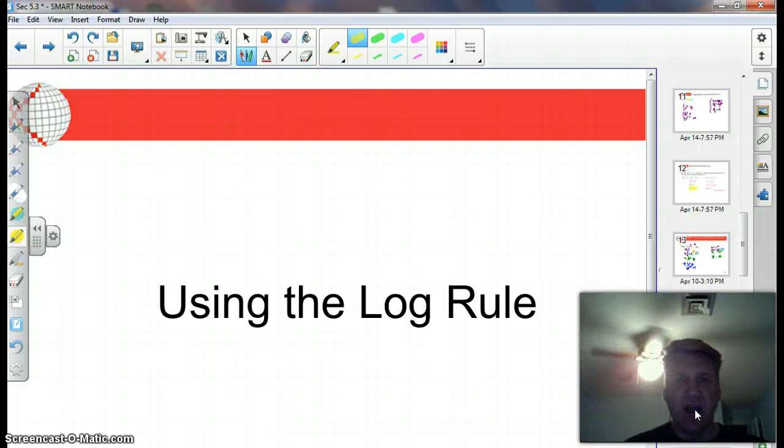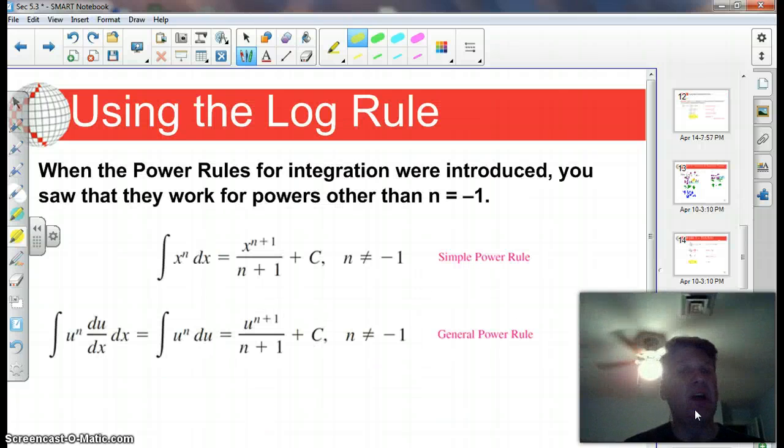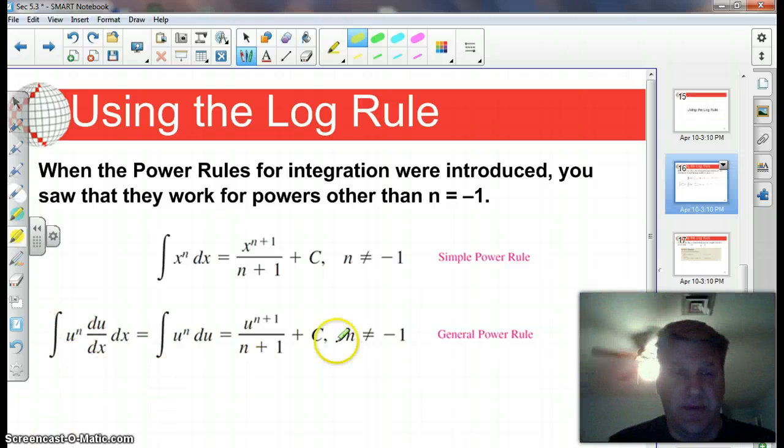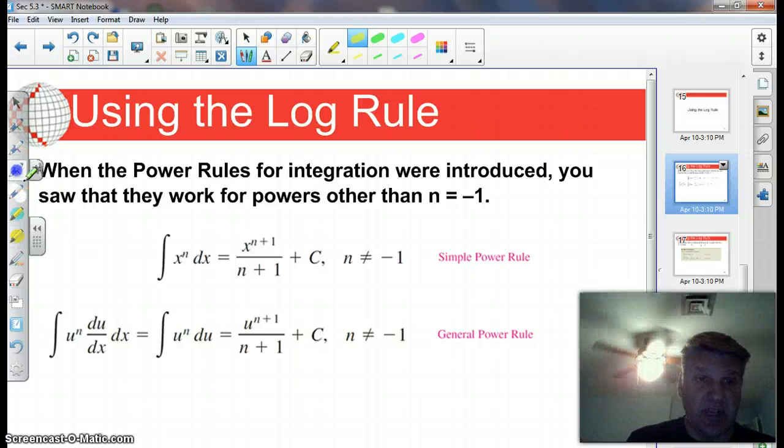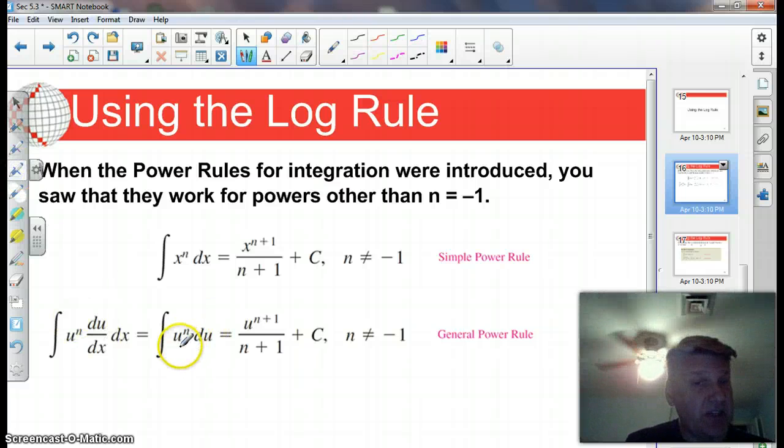We'll keep moving on. Using the log rule, it's pretty much the same definition that we've been using here. If you integrate u to the n, you increase n by 1 and divide by it.